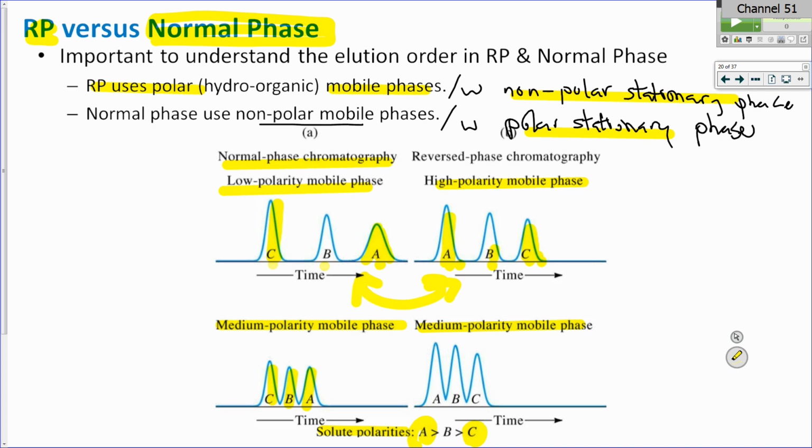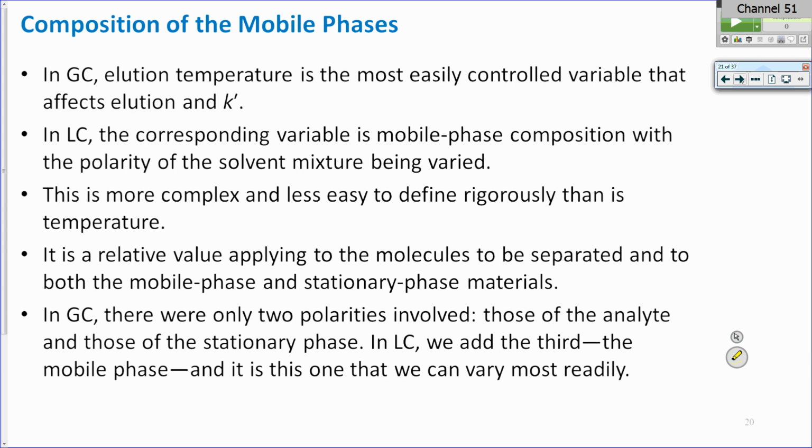Okay, so if you'll look at the old test questions, a lot of times I ask you something about retention order with normal phase versus reverse phase. So what do we make the mobile phases out of? Well, in GC, what we controlled was temperature. That doesn't work as well as in HPLC.